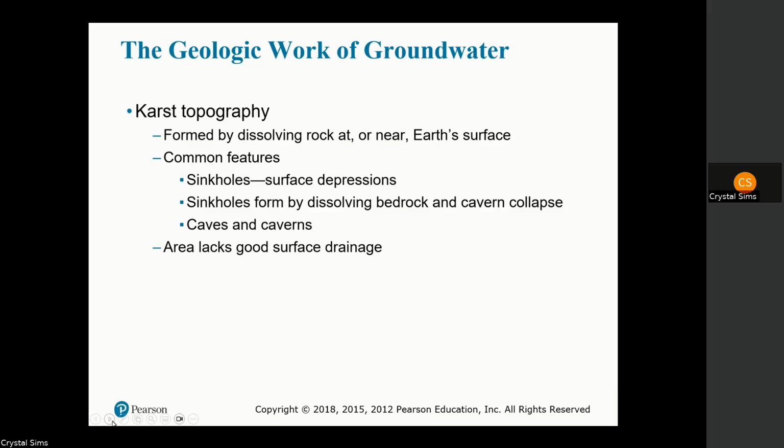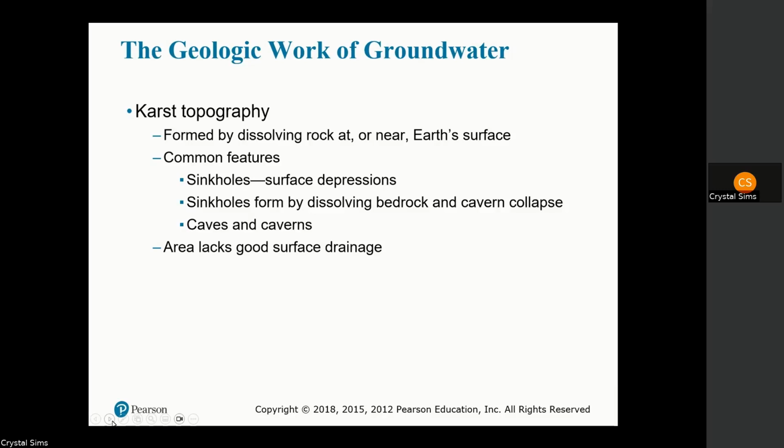Some are gradual over time without any physical disturbance to the rock. And so what happens is that the limestone that's just right below the surface, right below the soil, is going to be dissolved by rainwater that contains carbon dioxide, which creates the carbonic acid. They're not very deep and they have gentle slopes.